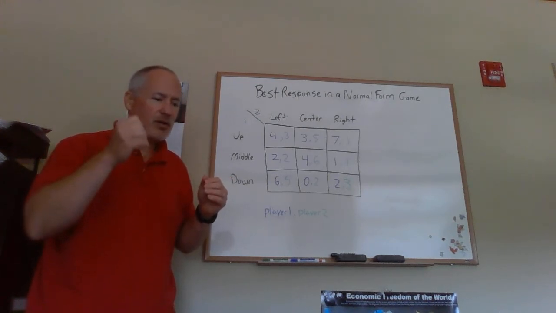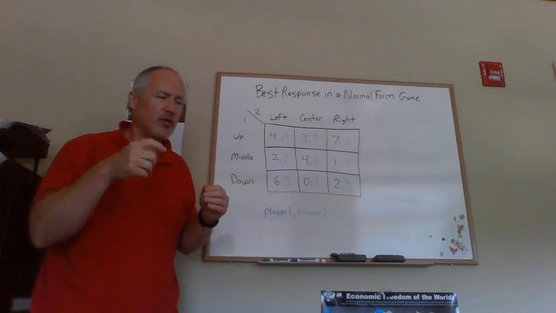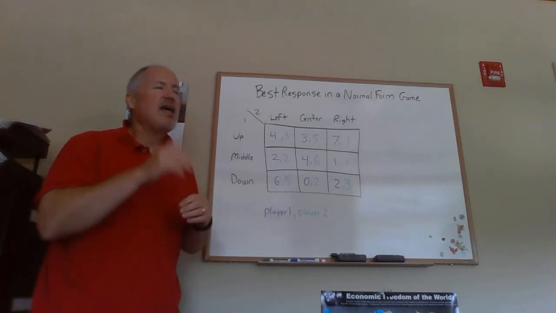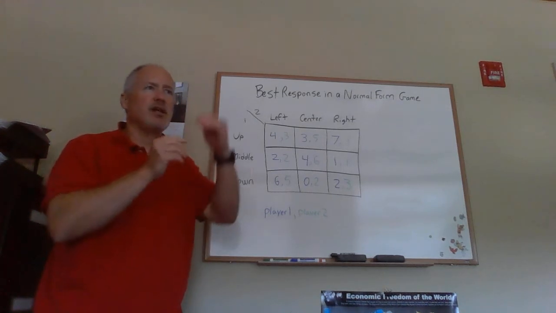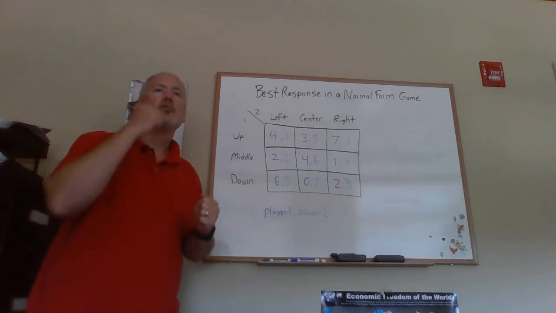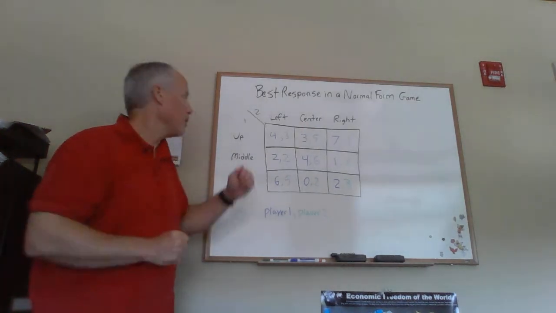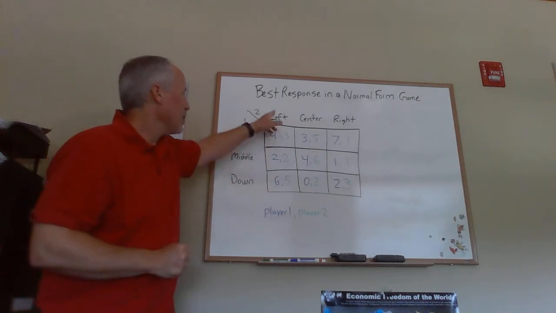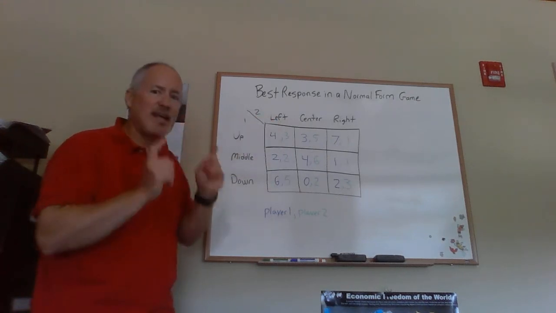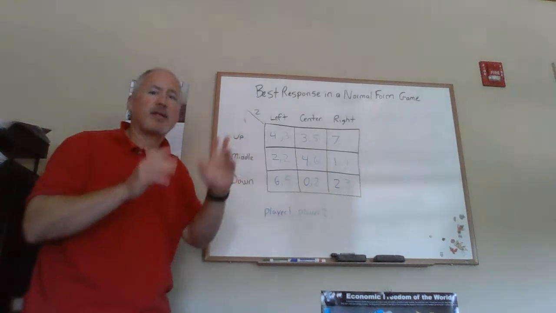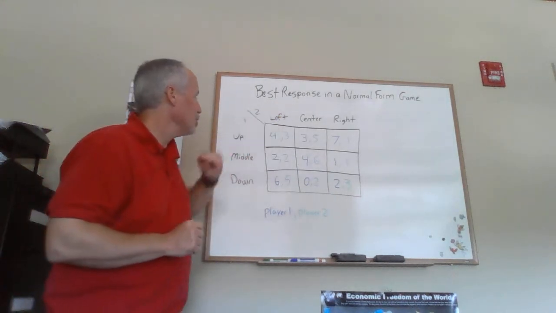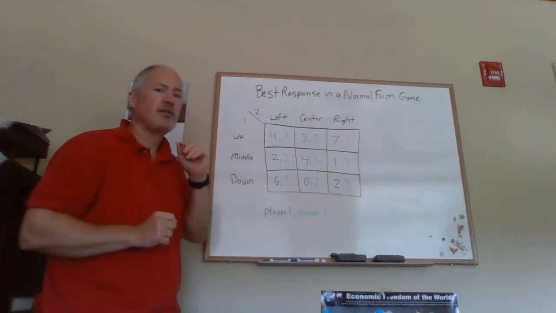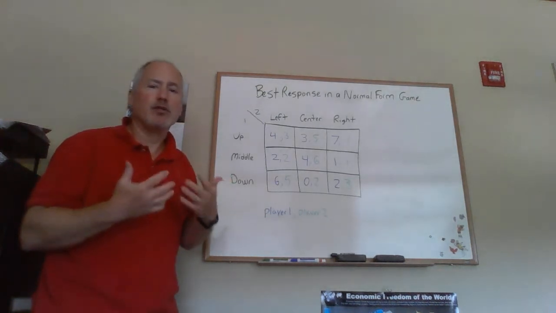You do this mental calculation and say, if the other player does X, what do I want to do in response? So, for instance, player one could say, hypothetically, if player two chooses left, what would I want to do in response?